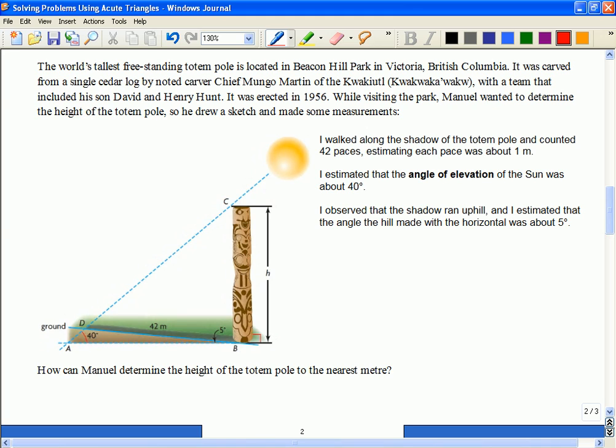Let's see here. Wants to determine the height. So I walked along the shadow of the totem pole, counted 42 paces. Well, you don't need to know the fact that it's the tallest totem pole, that it's in Beacon Hill, that Chief Mungo Martin did it.